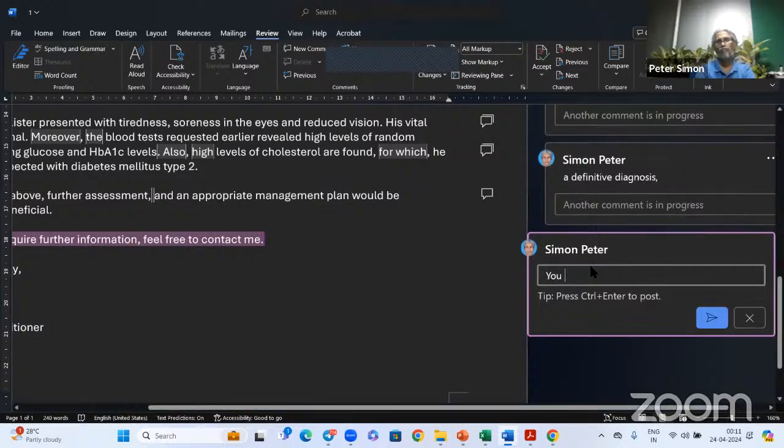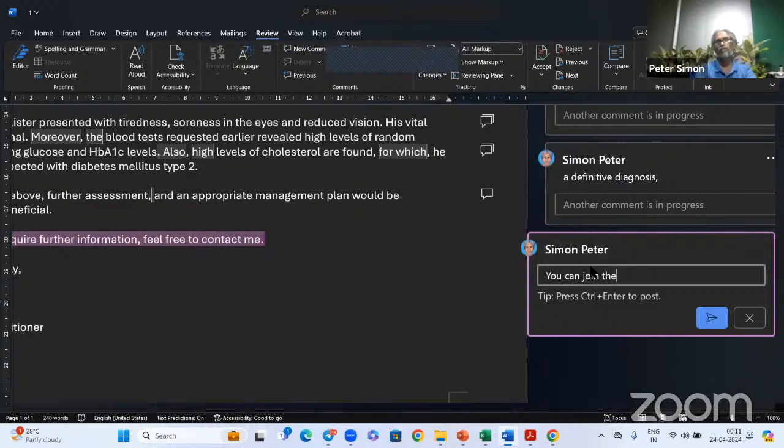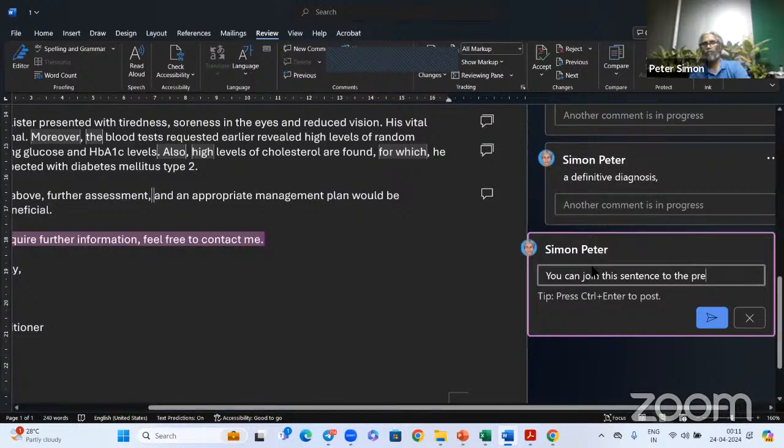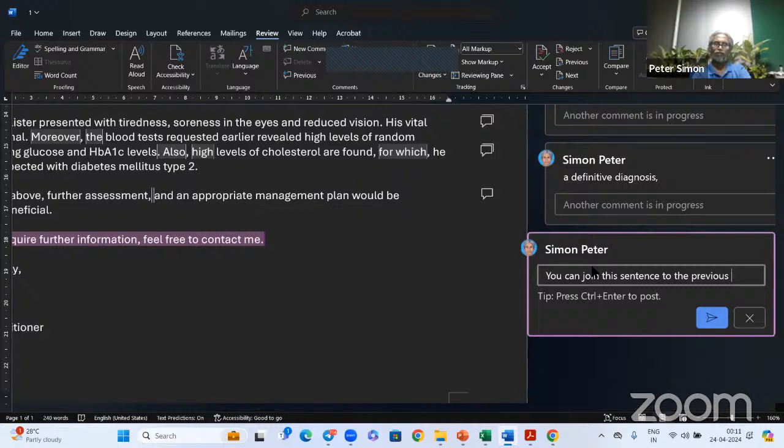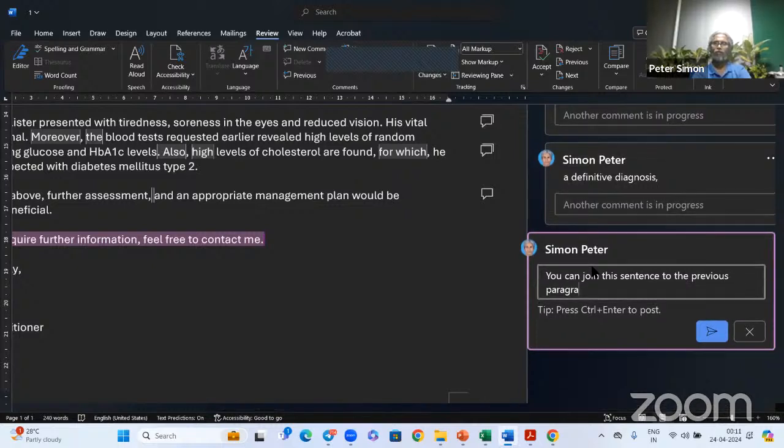You can join this sentence to the previous paragraph. Together it makes a conclusion to the previous paragraph.